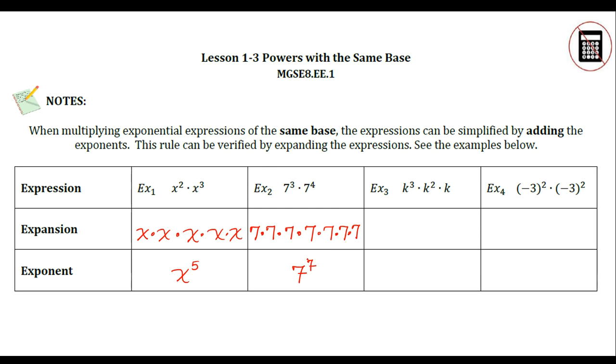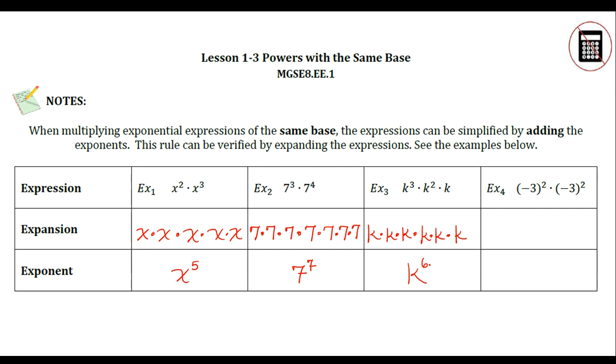We're only simplifying here. We're not going to evaluate that. Number 3, k to the third is simply k times k times k. Then it's been multiplied by k squared, which is k times k. So when we rewrite this expansion as one base, we have k to the 1, 2, 3, 4, 5, 6.